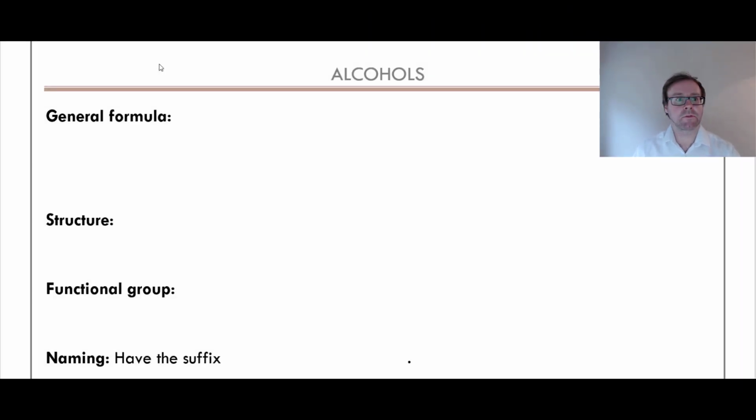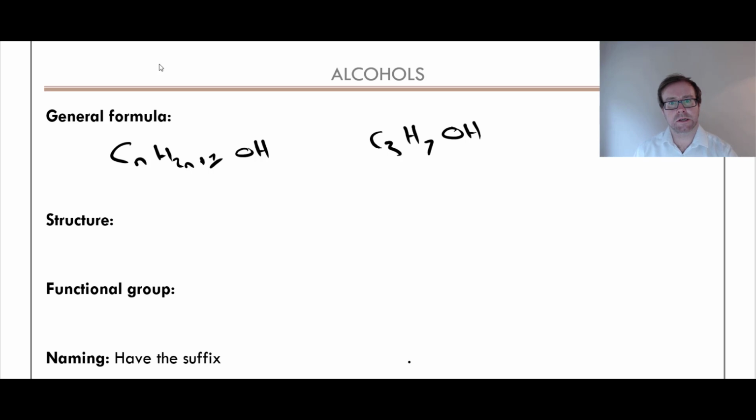So, general formula. The general formula of an alcohol is CnH2n+1OH. E.g., if I have C3, 2n plus 1 would be 2 times 3, which is 6, so 7, and OH.